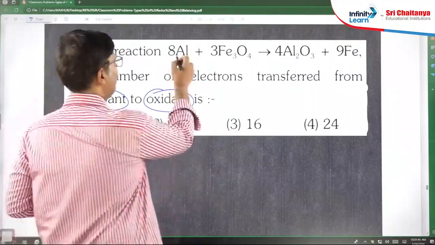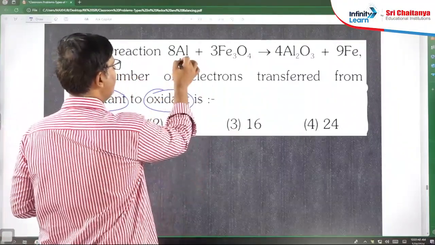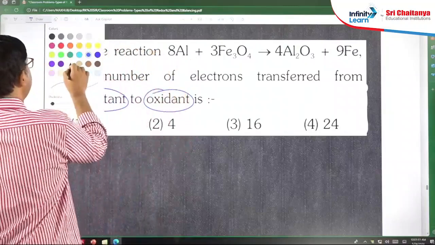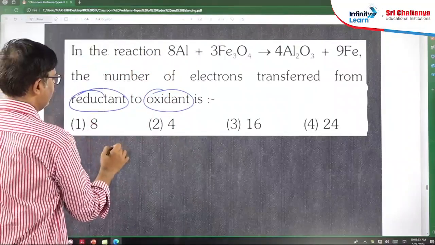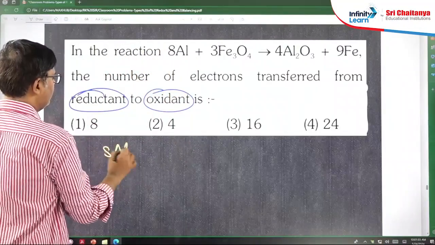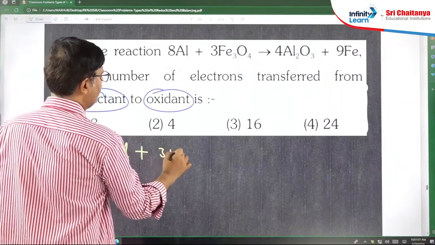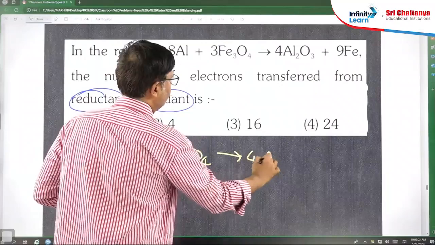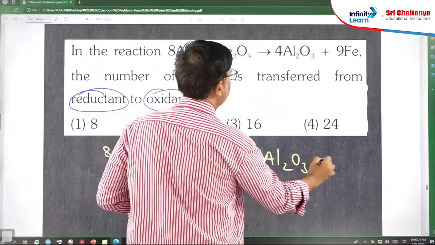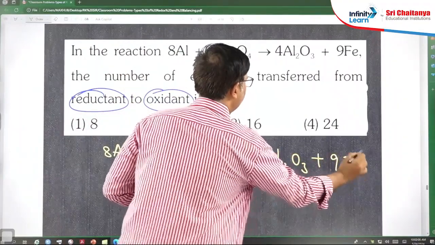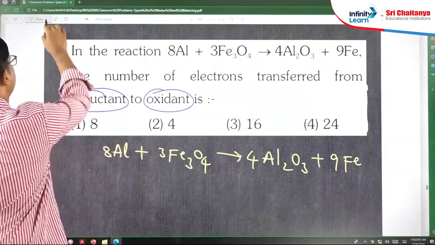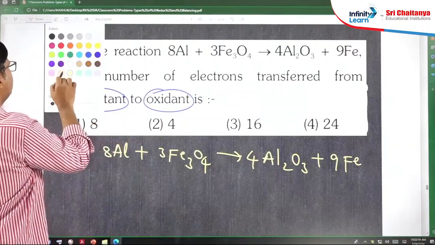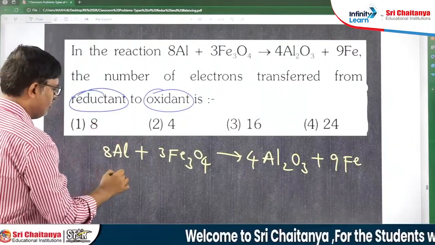Now see, what is the oxidation state? I am writing the equation again: 8Al plus 3Fe3O4 gives 4Al2O3 plus 9Fe. Okay. First, elementary states: oxidation states are 0.